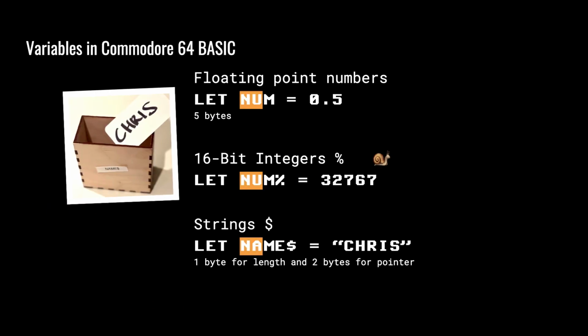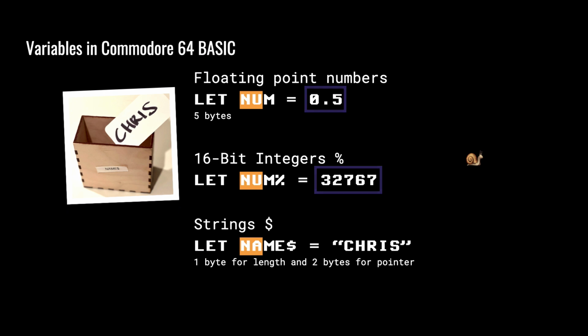So just as a reminder, we've got numbers and we've got strings. In Commodore 64 BASIC, unlike most programming languages, integers are not faster. They're actually slower than using the regular floating point numbers. Floating point means that you've got a decimal there, whereas an integer is a whole number between minus 32767 and positive 32767.